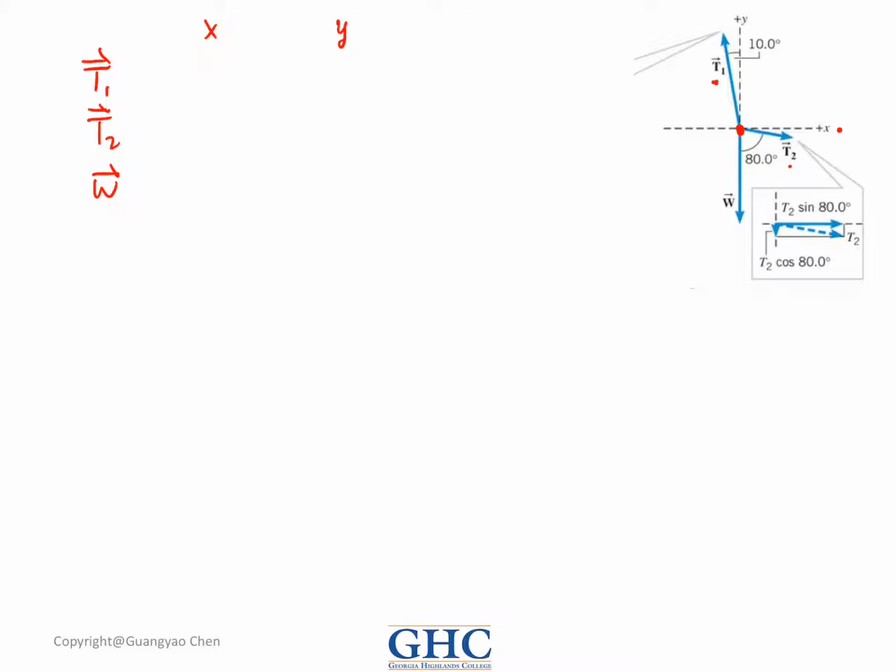See the X component of T1. The X component should be this one. So it's pointing in the negative direction, negative magnitude of T1, and then you should use sine 10 degrees because it's the opposite side of this angle, 10 degrees.